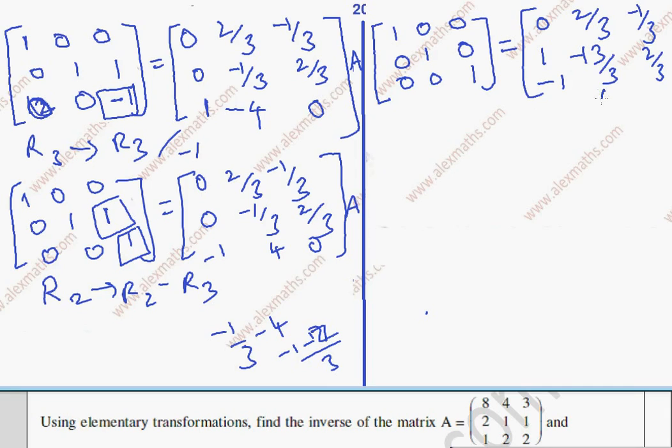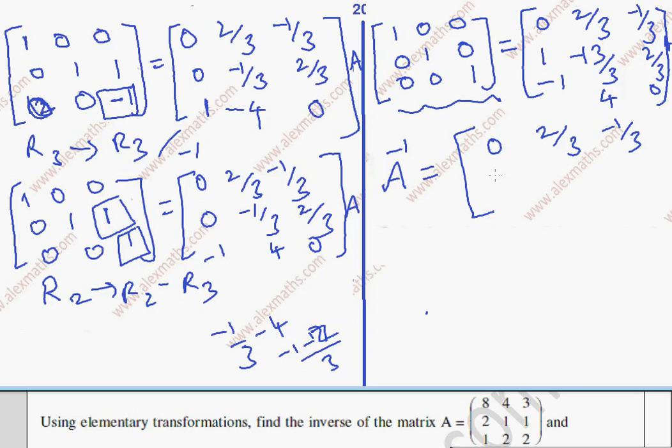Then minus 1, 4, 0, we will keep as it is. Into A is there. Okay. So since we got identity here, our A inverse is 0, 2 by 3, minus 1 by 3, 1, minus 13 by 3, 2 by 3, then minus 1, 4 and 0.